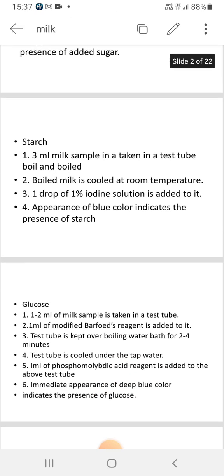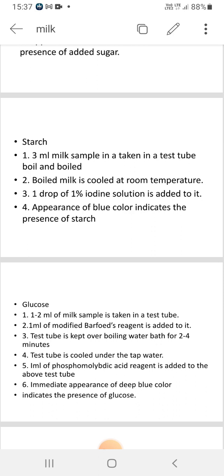Now if there is presence of added glucose in the milk sample, then we can use Barfoed reagent, because for performing every test we are using one reagent.